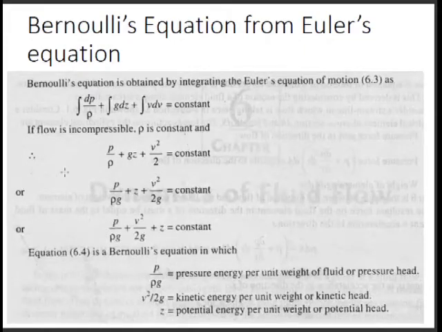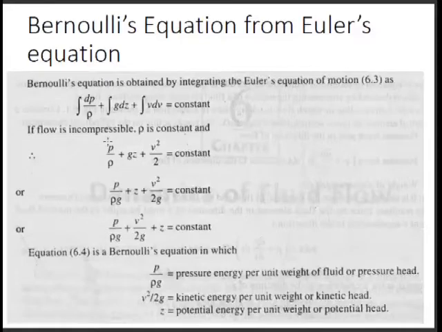But if the flow is incompressible, the density rho is constant, so the integral sign on the pressure term is cancelled out. The solution of this integration is p upon rho plus g z plus v square upon 2 is equal to constant.